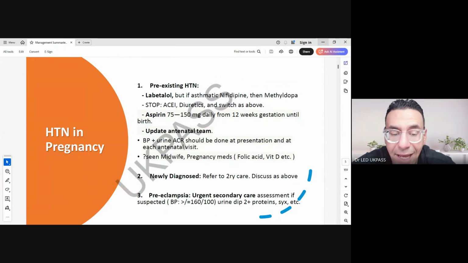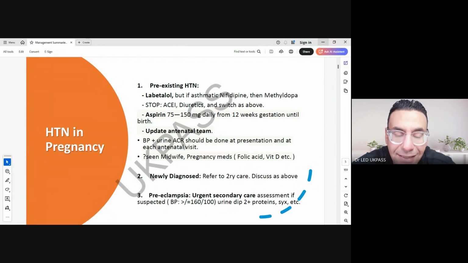If a patient already had hypertension, this is pre-existing hypertension. However, if the patient started to get high blood pressure from 20 weeks onwards in pregnancy, this is pregnancy-induced hypertension. Perfect. Is there a difference in treatment between them both? Yes, there is one difference only. What is this difference?